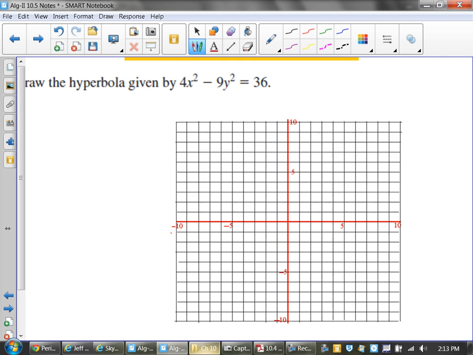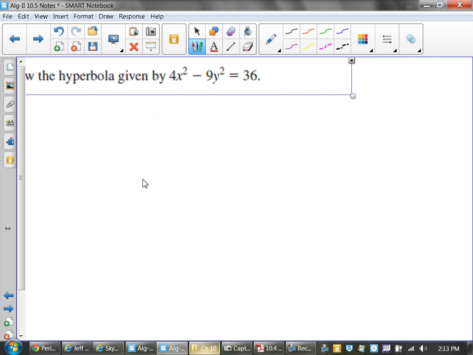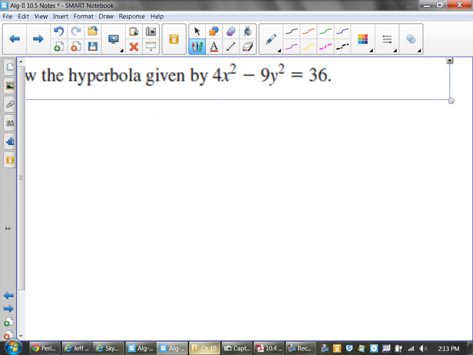Again, I'm not going to bother with graph paper. So we have 4x squared minus 9y squared is 36, and it says graph, label all the important bits and pieces of the hyperbola. It's nice when they tell you that it's a hyperbola because you know how to get it in the generic form.